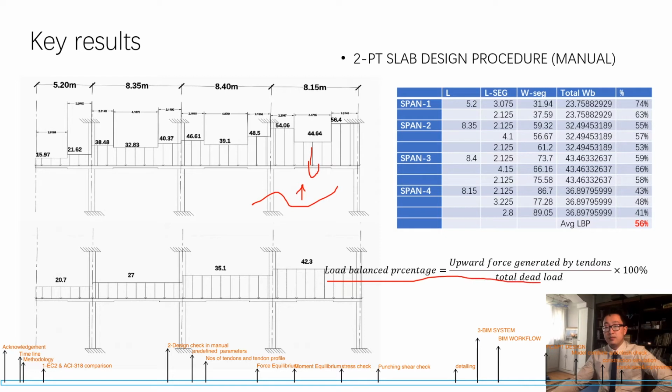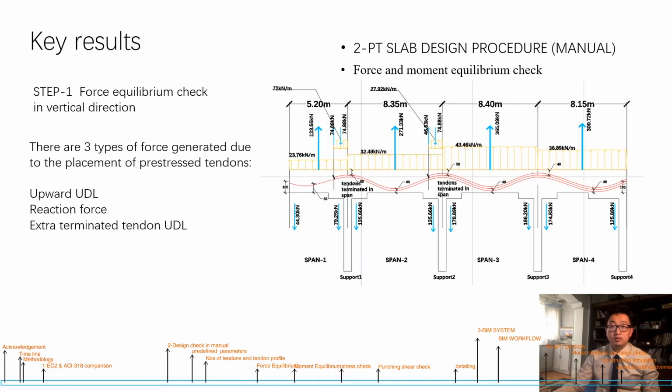The LBP formula is the upward UDL divided by the total dead load. As a result, the average LBP is 56, which means the pre-stressing strand balances around half of the dead load. Now we already know the tendon number and the tendon profile.